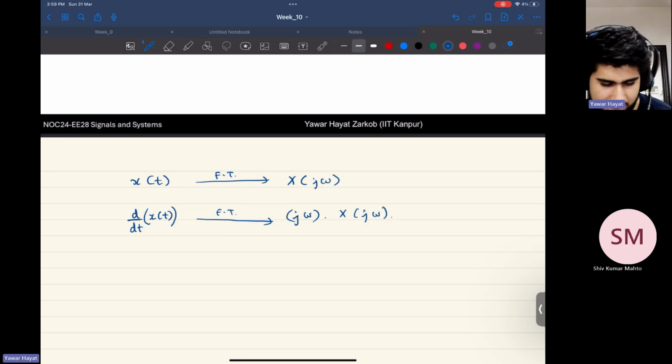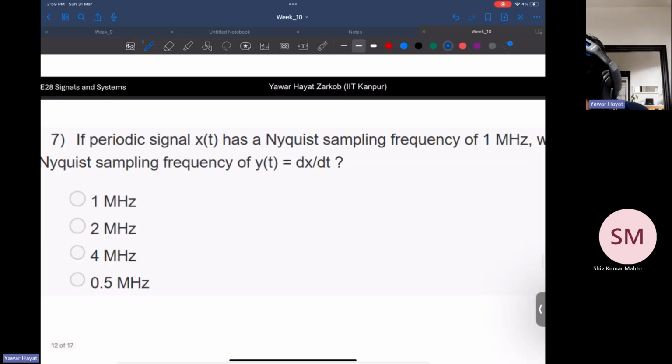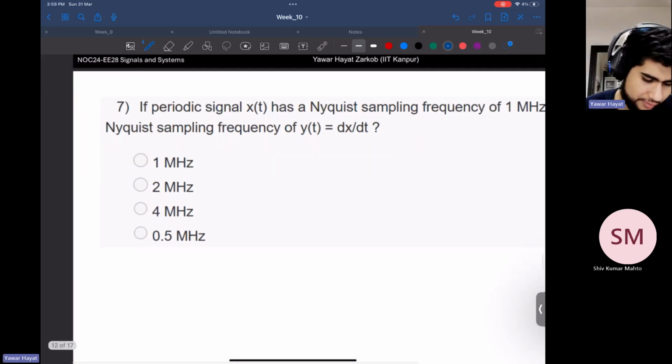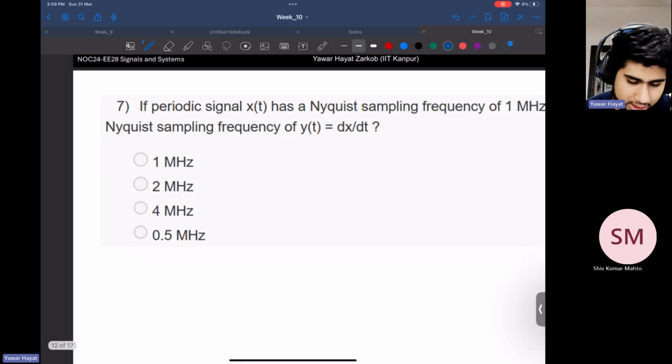So frequency remains unchanged. So nothing happens to the bandwidth of a signal. So the sampling frequency would not change. In general, differentiating a signal in the time domain does not add any frequencies that are not present in the original signal.